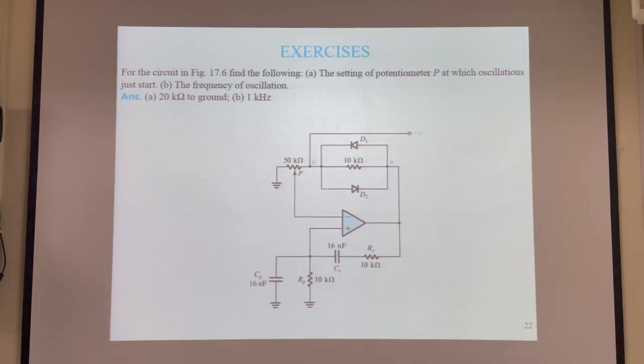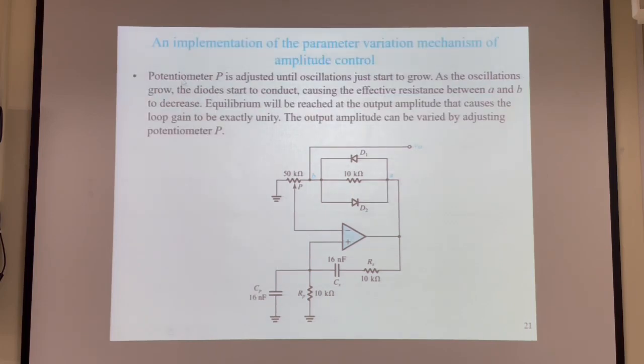So remember, loop gain 1 is the oscillation condition. Then we need to adjust P to change this 50 k ohm potentiometer. See, P adjusted as the oscillation grows, diode start to conduct.